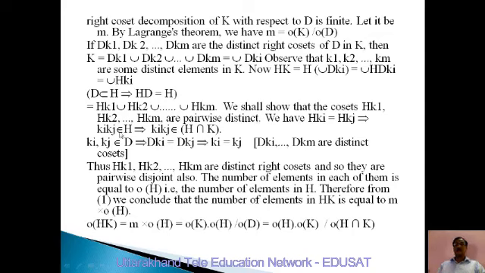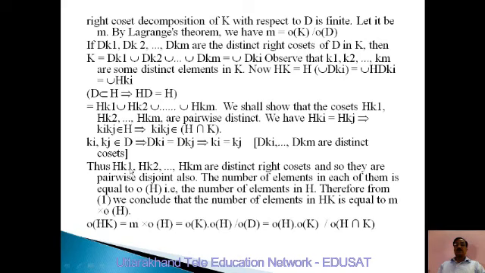This implies ki kj inverse belongs to H. This means ki kj inverse belongs to H intersection K, so ki kj inverse belongs to D. This implies D ki equals D kj. But Dk1, Dk2, and so on Dkm are distinct cosets, so we have ki equal to kj.